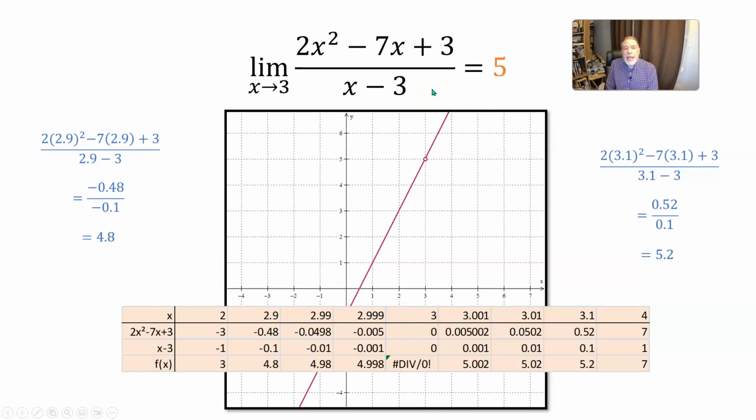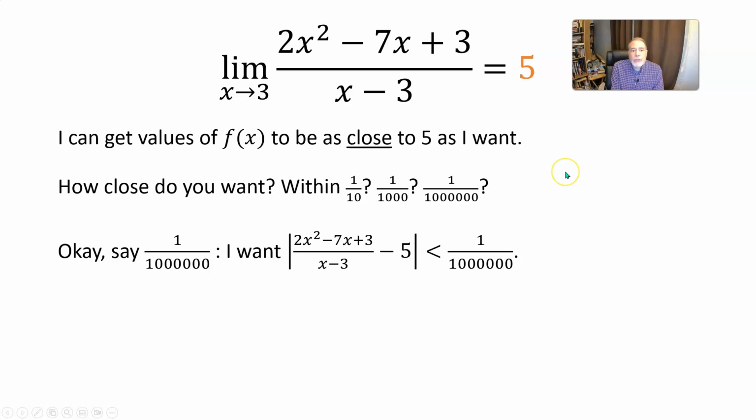And I explained that that means that values of that function are close to 5 whenever x is close to, but not equal to, 3. That's what that means. So that means that I can get values of that function to be as close to 5 as I want. So when I say it's close to 5 and you say how close, I can say, well, how close do you want? I can get it as close as you want it.